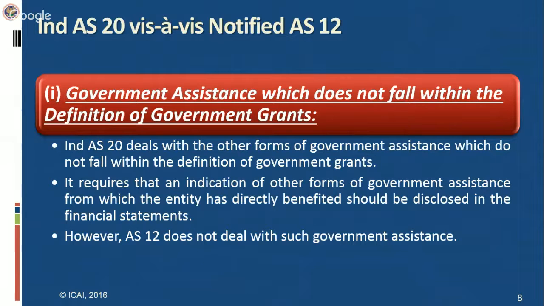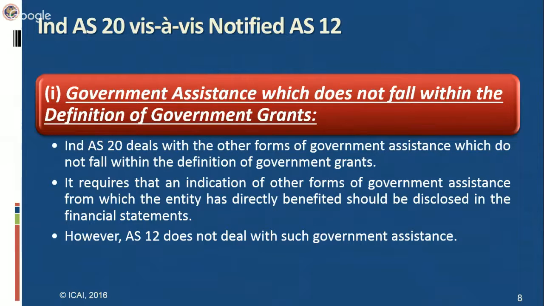Suppose government is specifying that for a particular entity, government will be buying a certain amount of whatever their products are, whatever their stock is. For example, arms and ammunition. Government has specified that 50% of whatever you are manufacturing will be bought by government only. So this is government procurement policy. This is an assured sale for that entity. So for that entity, it's a trading transaction. They are selling it to the government. They cannot distinguish it from the normal trading transaction.